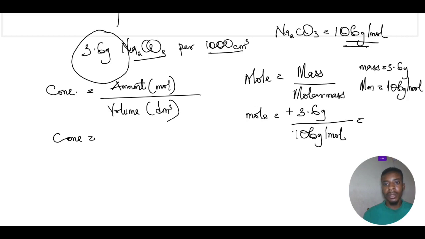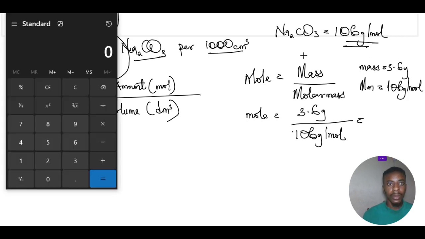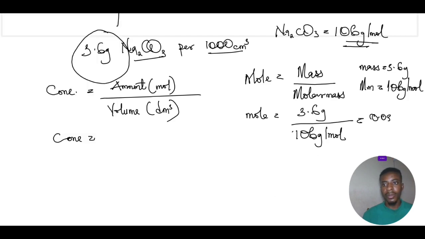That is 3.6 divided by 106, which gives 0.03396 mole.